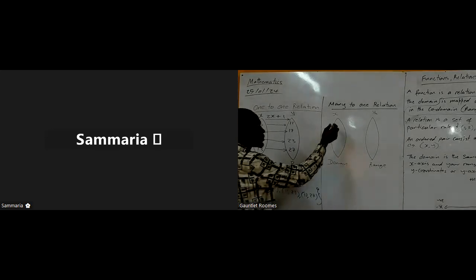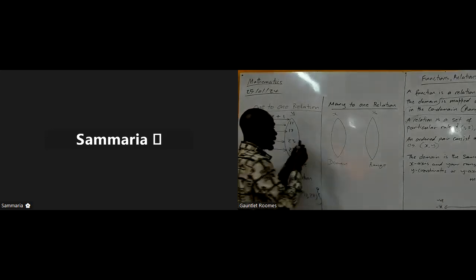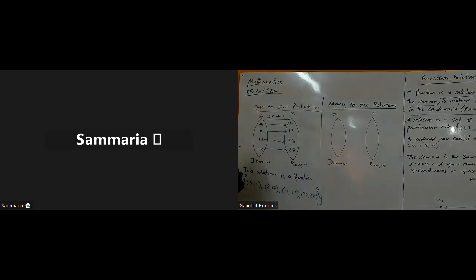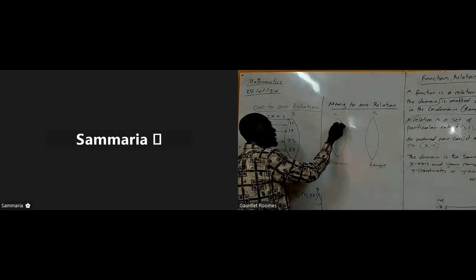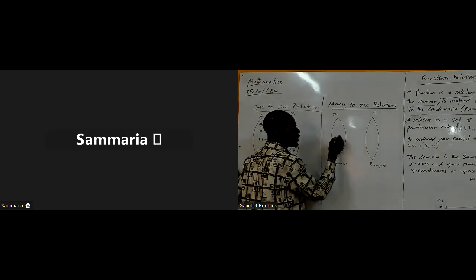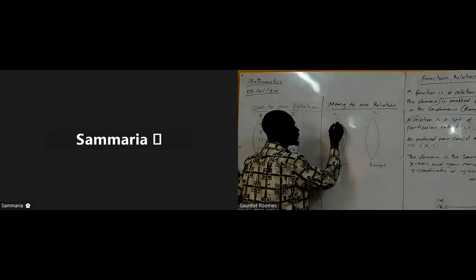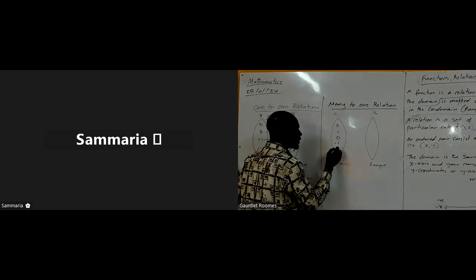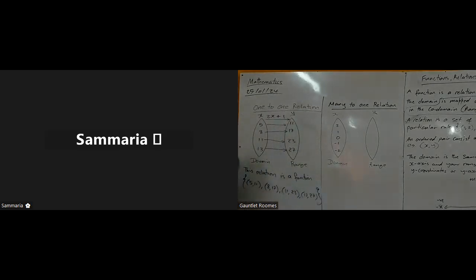This time, these are the x coordinates. So we have 0, 1, 2, -1, -2. The domain is always given, every time.